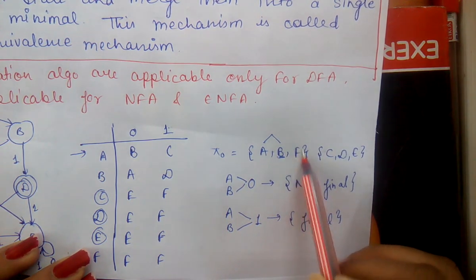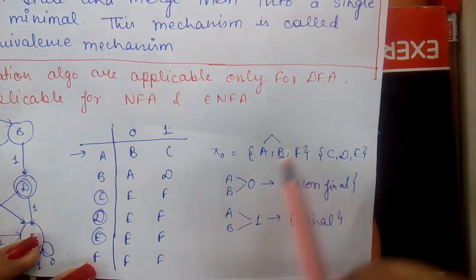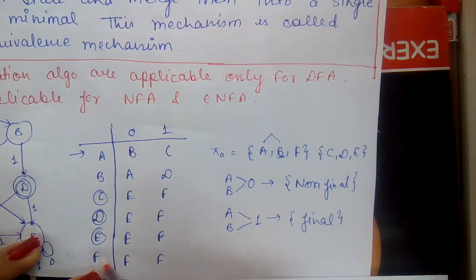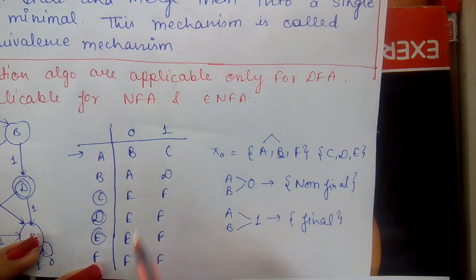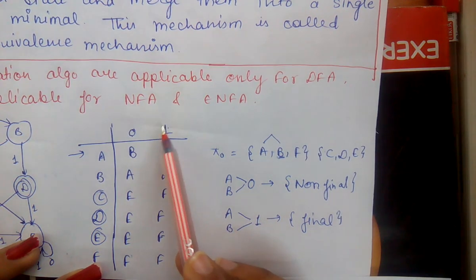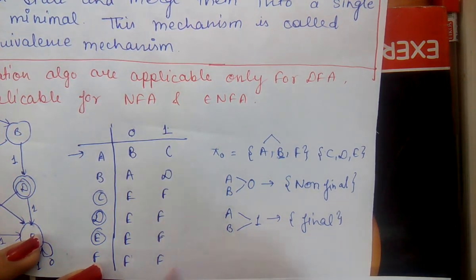Now if we check F on 0, it goes to F, means it is going to a non-final state. And if we provide 1, it will also go to a non-final state.